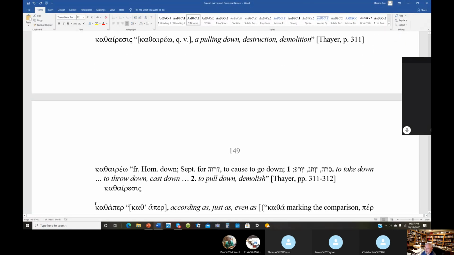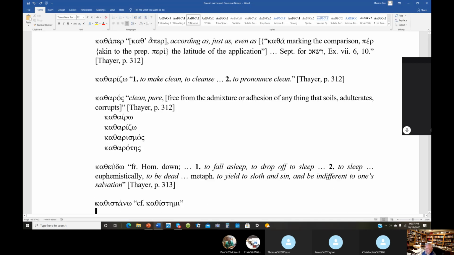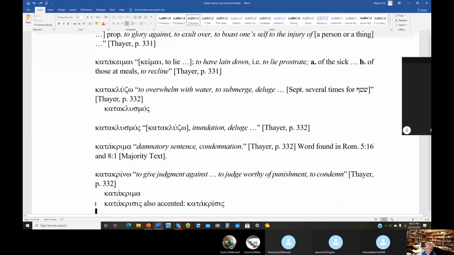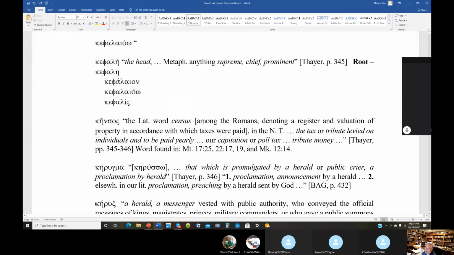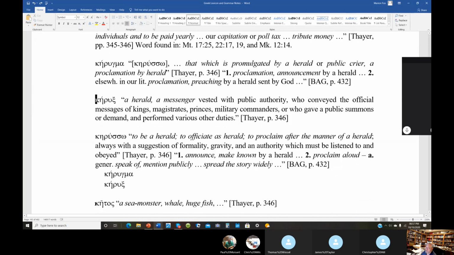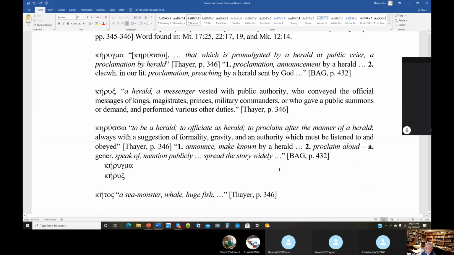Caruso, it's an eta. And I should have it labeled here. Right. There it is. I don't have it labeled.